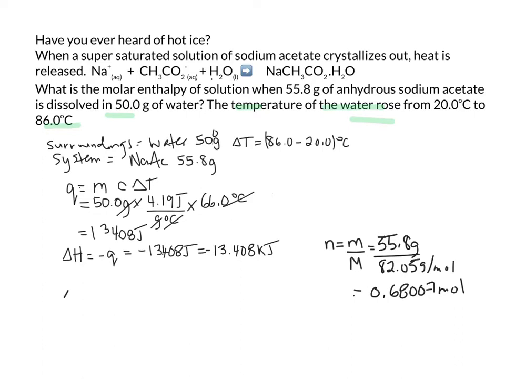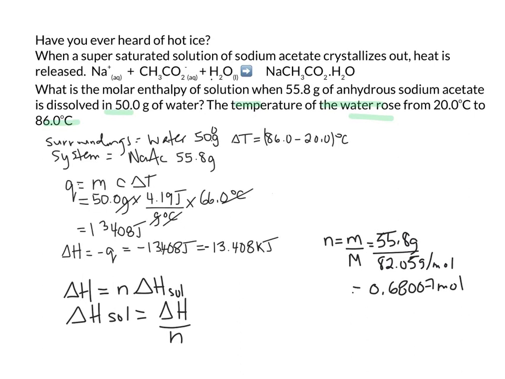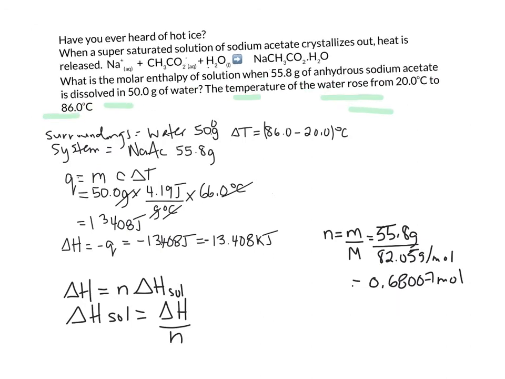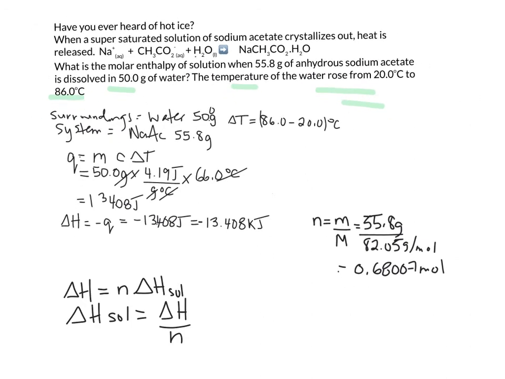So now we know the enthalpy change for the reaction is equal to the number of moles in the reaction times the molar enthalpy of solution. Rearrange that. Molar enthalpy of solution is equal to the change in energy for the reaction divided by the number of moles in the reaction.